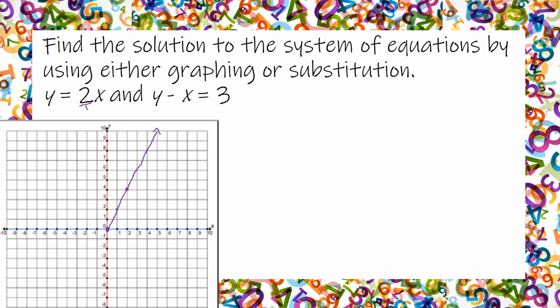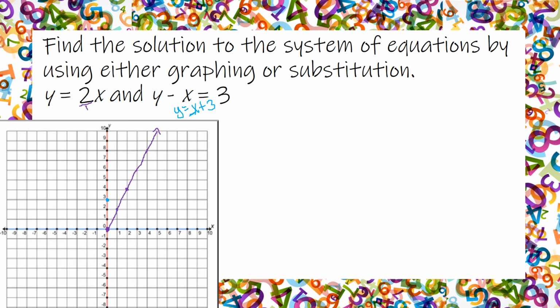Okay, and then our other line is y minus x equals 3. Well, I'm going to get that x on the other side so that it will be x plus 3 because I want it in my slope-intercept form. So that means my y-intercept is 3, and the slope is the coefficient beside x, which is 1.